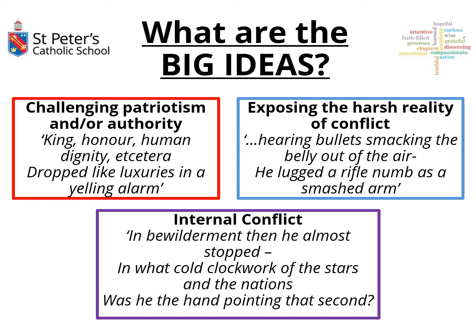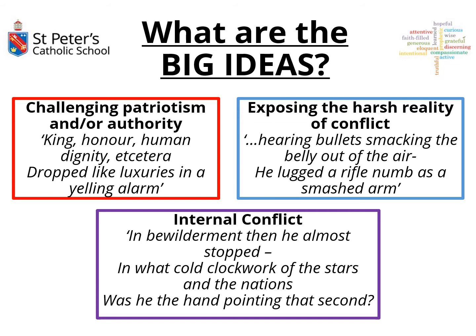And then that metaphor, "cold clockwork of the stars and nations was he the hand pointing that second." So he draws this comparison to his role in conflict being like a piece of clockwork. The idea that all these tiny pieces working together like mechanics. And he's saying, which part of that clockwork am I? He doesn't really seem to understand what he's doing here now or why.